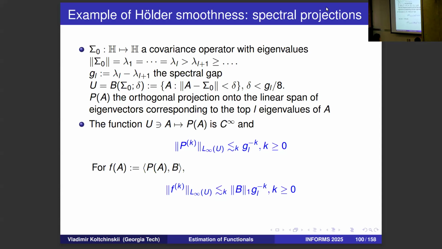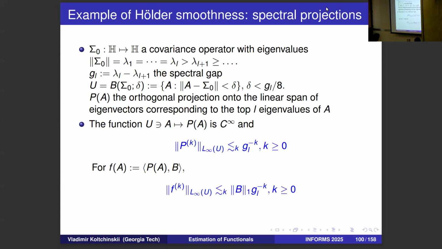If you fix, for instance, in our case, a covariance operator with certain properties such that, for instance, the top eigenvalue is of multiplicity L, right? And then there is a gap between the top eigenvalue and the next eigenvalue.